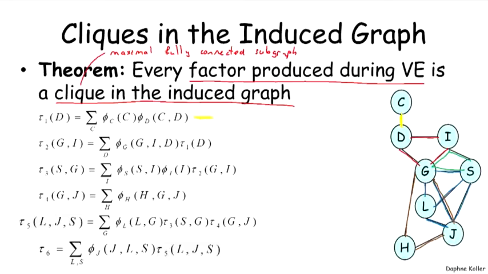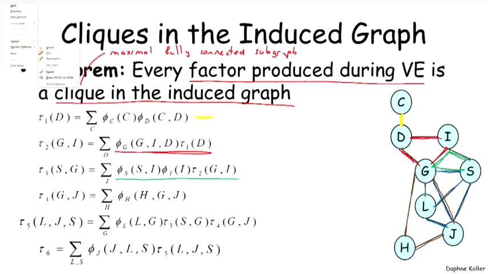This one over here, which is GID, is the red one. This one has SIG, so that's the green one. This one is HGJ, which is the brown one.